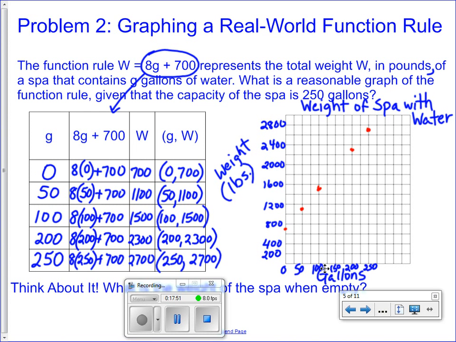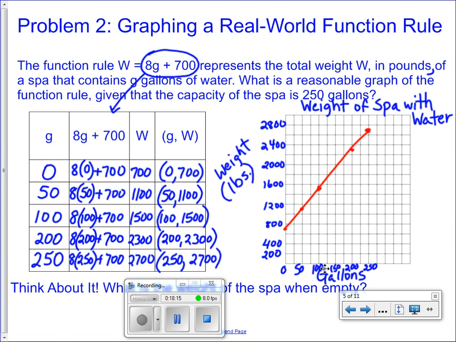All right, and again, we're going to join these with a line. And actually at this point, because we can't have any more than 2,700, I am going to erase that arrow. We shouldn't have an arrow there. It will never be, it will overflow at that point.